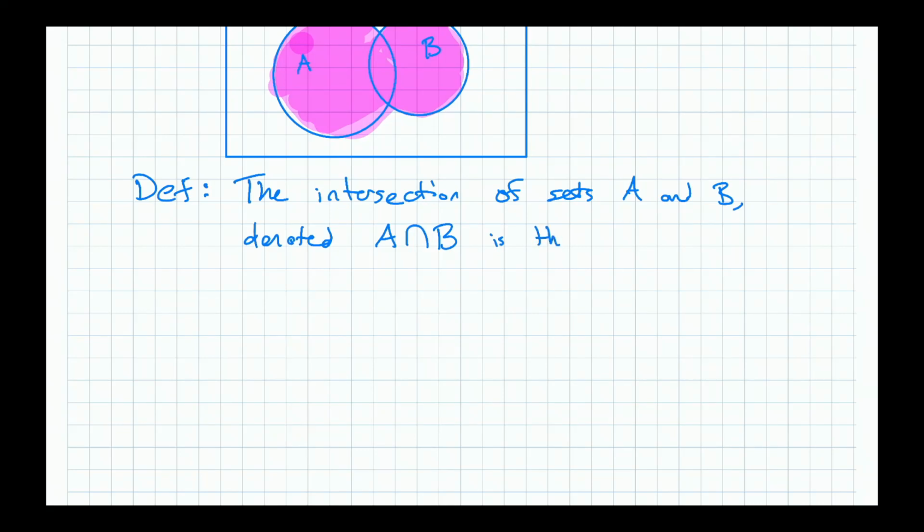The intersection is the set of all elements that are in both A and B. Maybe I want to rephrase that: all elements that are common to A and B, right?